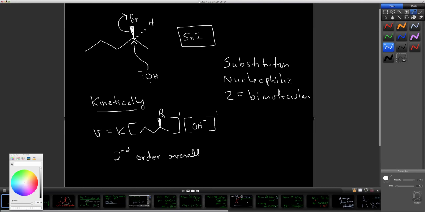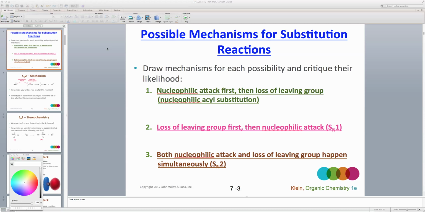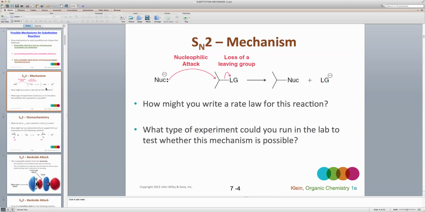Now let's start taking a closer look at this SN2 mechanism. And one thing I want you to quickly see from slide 7.4 is that the nucleophile is making a bond with the electrophilic carbon while the leaving group is breaking its association with the electrophilic carbon.